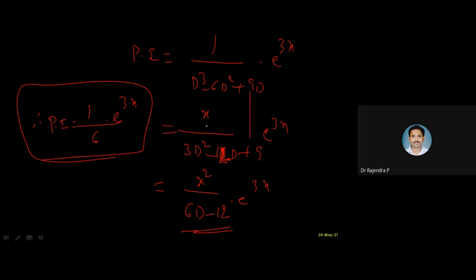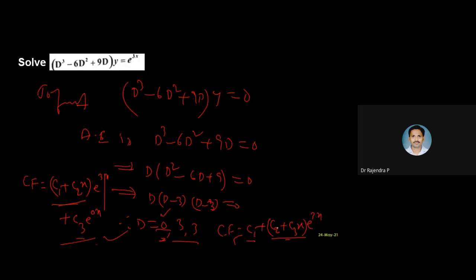Even in the complementary function, while writing, when roots are equal, we have one x extra. To discuss all those theoretical parts, nothing is included in our syllabus. We don't have the time to go into the details of all those derivation parts. As I said, you have 3 different cases while finding the complementary function.